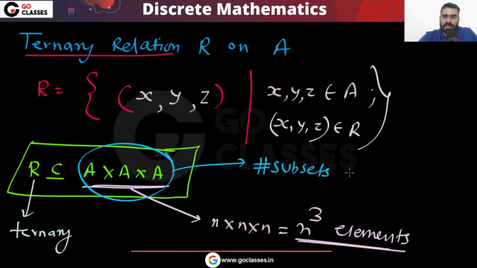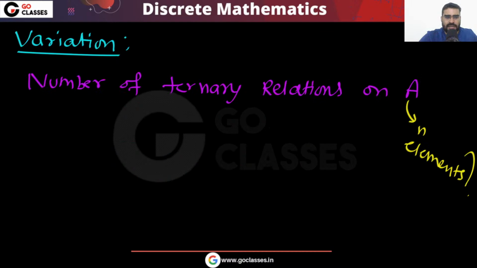The number of subsets of A cross A cross A is 2 power n cube. So this is your number of ternary relations: the number of ternary relations on set A is 2 power n cube.